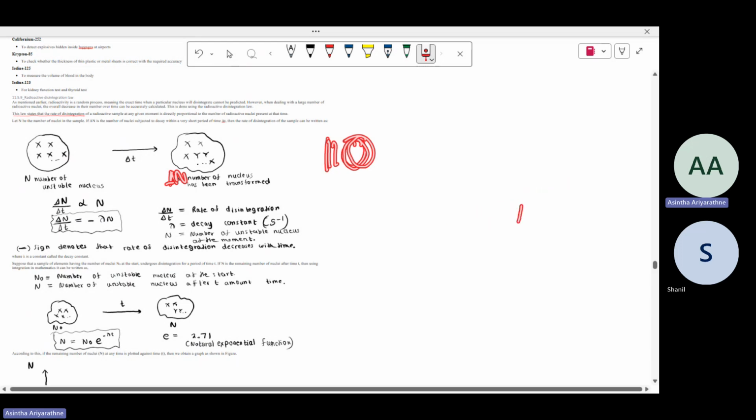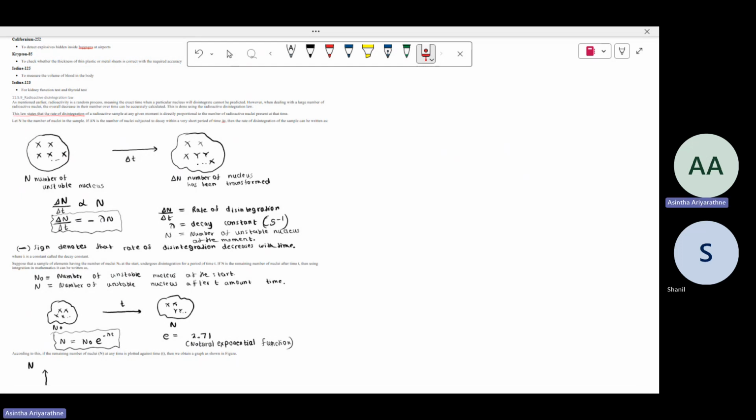So delta n is the number of nucleus which has been transformed to stable ones during the time period.